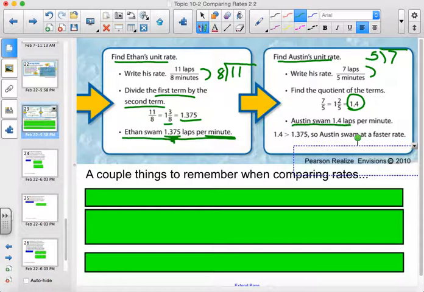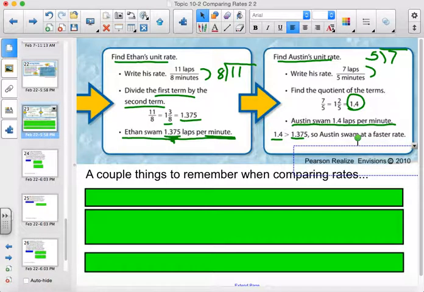So Austin swam 1 4/10 laps per minute. Well, 1 4/10 laps is a farther distance per minute than 1.375 of a lap. So you can see how the math works out.